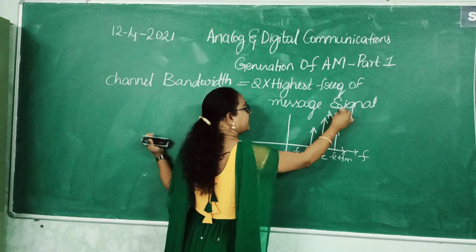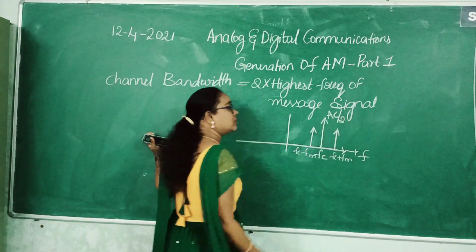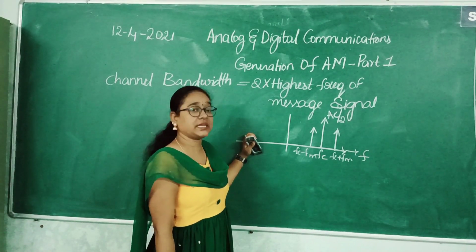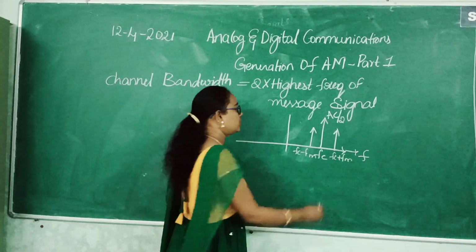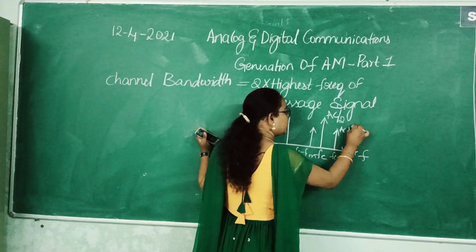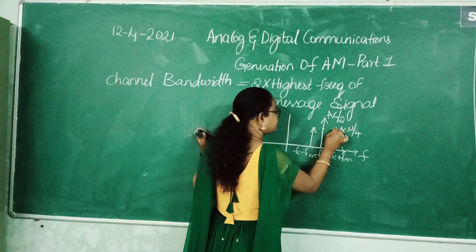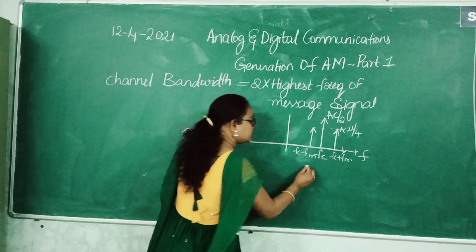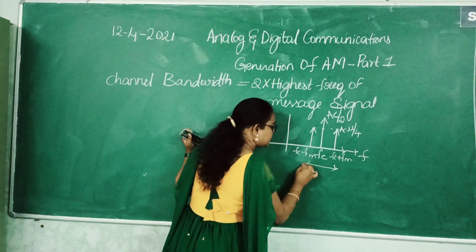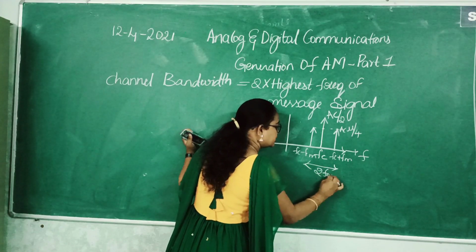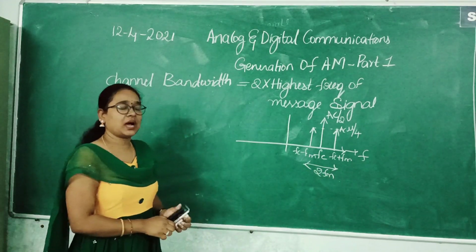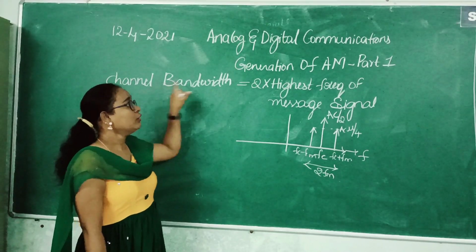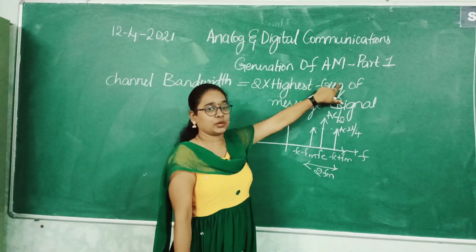After applying the Fourier transform to the time domain equation, the carrier amplitude is AC by 2, and AC mu by 4 for both the upper sideband and the lower sideband. So the bandwidth is 2 into FM. This is how we calculated the bandwidth of the channel for amplitude modulation.